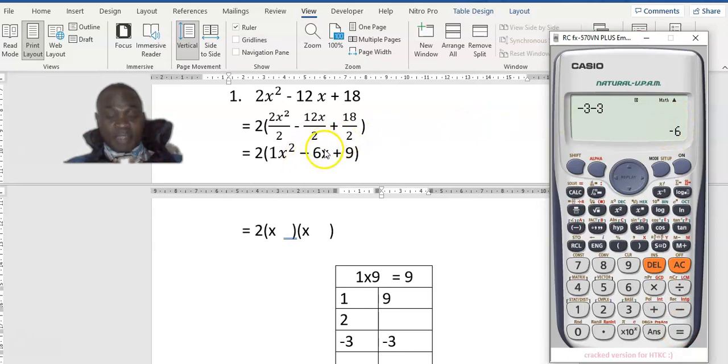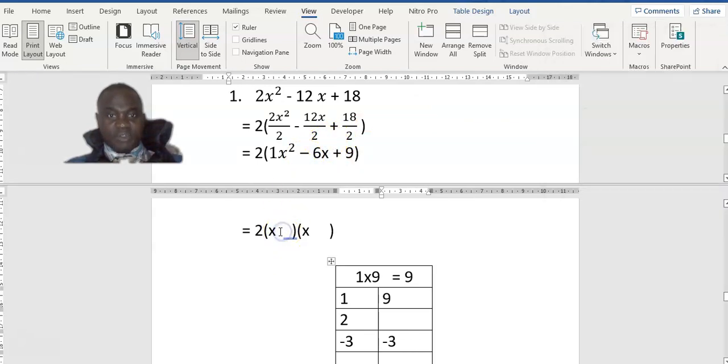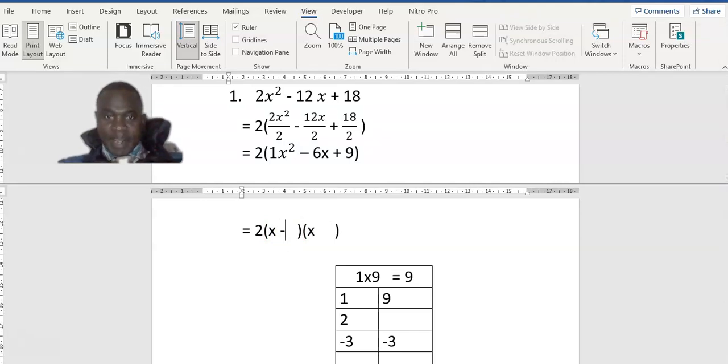Does it satisfy that? Is it the same as this one? Yes. So our factors here are going to be minus 3, which is this one, and minus 3, which is that one. So we have our minus 3 minus 3.